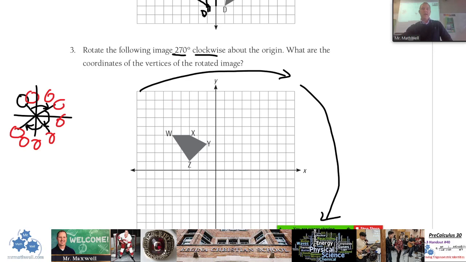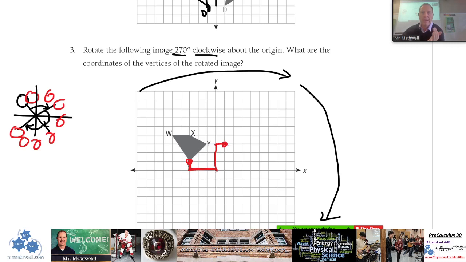So how do we do that? And that's, again, going to be a little bit trickier. But the way I like to think about this, and this is maybe going to look a little bit weird, but if you go from the origin, let's do Z here, okay? So there's the Z. Now, if I go 90 degrees, I'm going to literally take this coordinate here, and move it up 3 units and then 1 unit over, right?